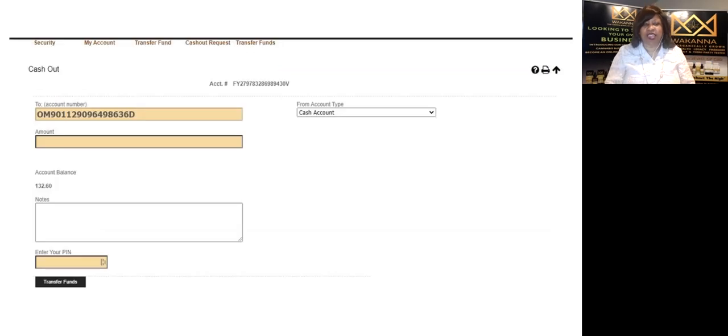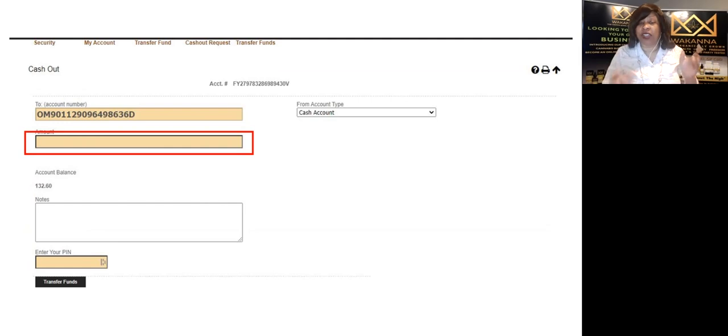And then you'll see this. Now you have to put in how much you want to transfer. Do you want all of it? Do you want some of it? I always leave a little bit so I can shop. When specials come on, I don't want to go in my pocket, I want to go to my e-wallet. So I leave something in there all the time, but I'm transferring the rest out. So you put the amount. Now, if you want all of it, take it all out.